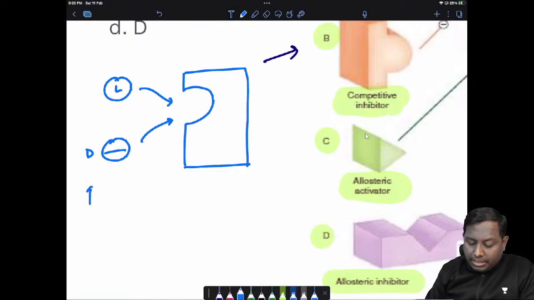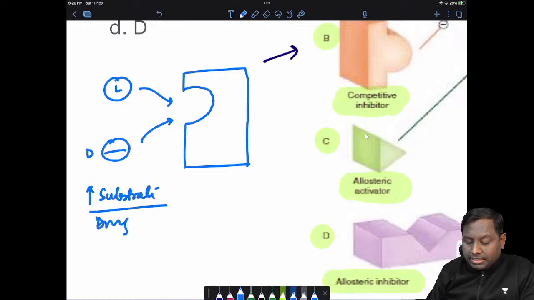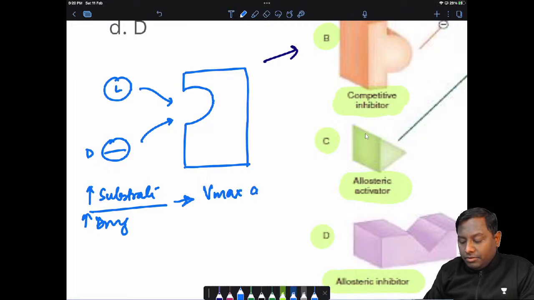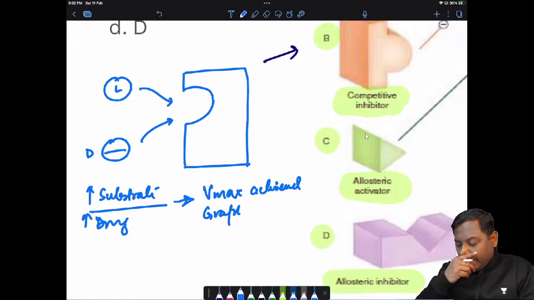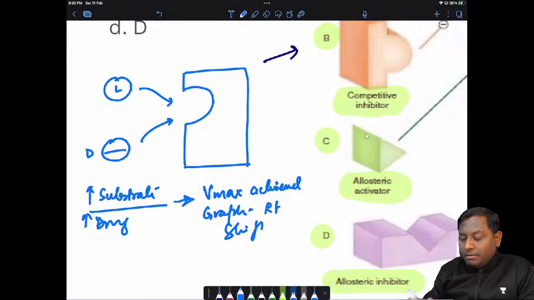And if you increase the substrate concentration, or let's say drug concentration on the high side, the outcome will be Vmax can be achieved. But the only thing that happens is the graph will be shifted more towards the right side.